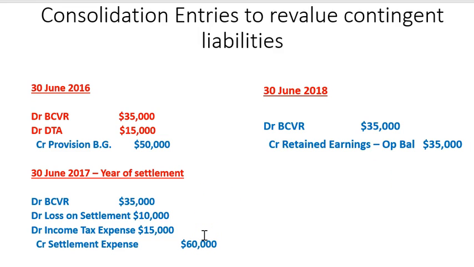Okay, so I hope the video was useful. Just a couple of notes on contingent liabilities, that they are not recorded by the subsidiary. However, when you consolidate on the group, you will record contingent liabilities which are present. So they are present obligations arising from something in the past or a legal contract.